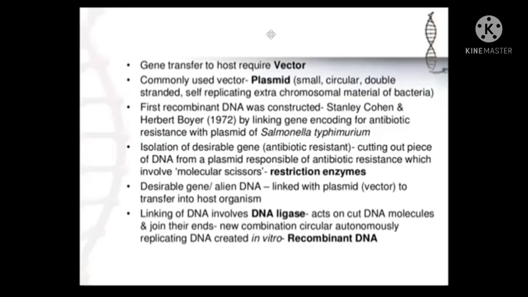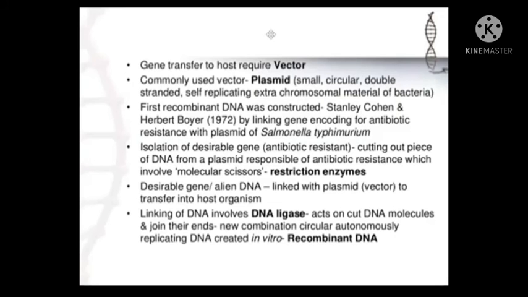Clear? So that alien DNA is now linked into a plasmid which is acting as a vector. This plasmid will carry that integrated DNA with the antibiotic resistant property into the host organism.